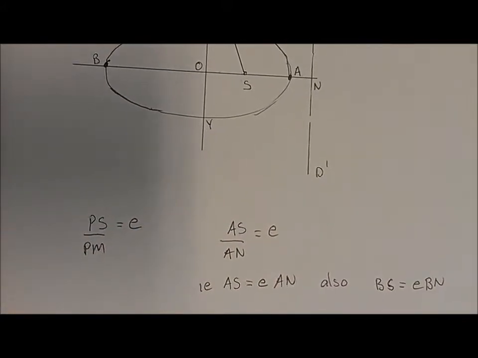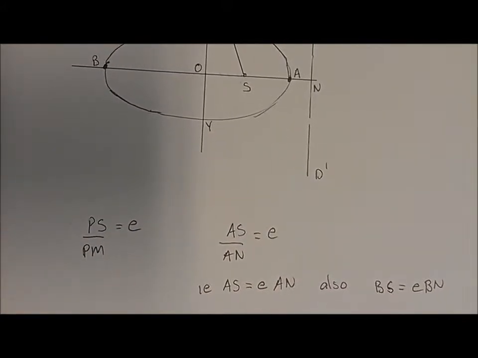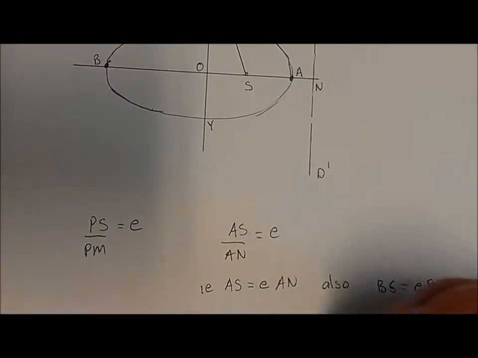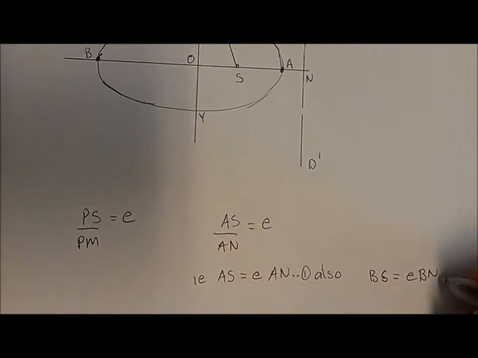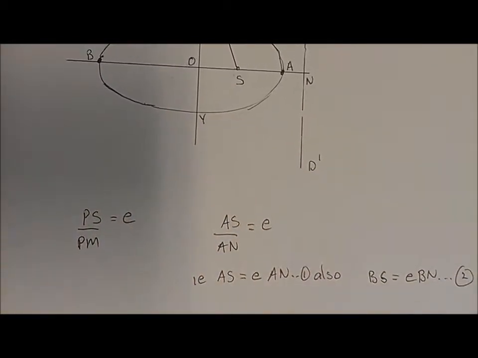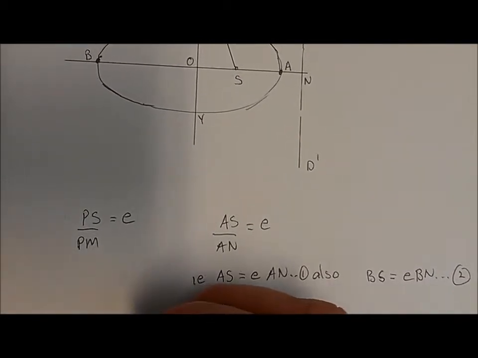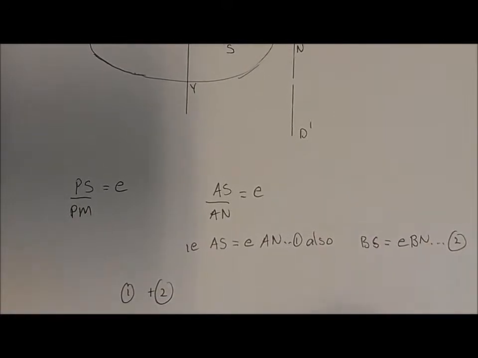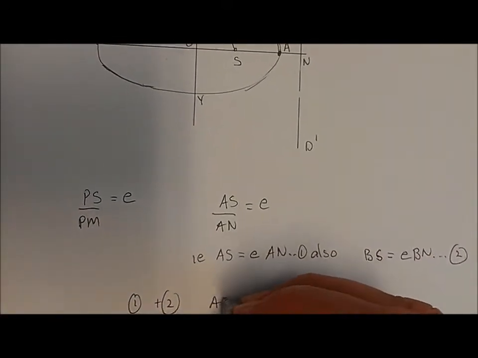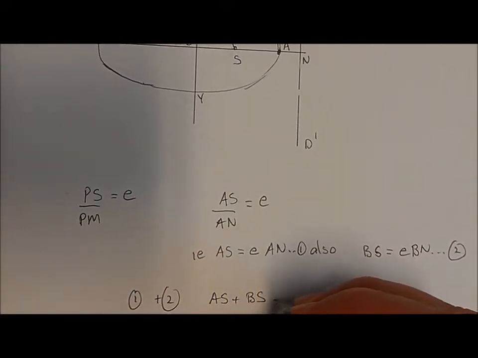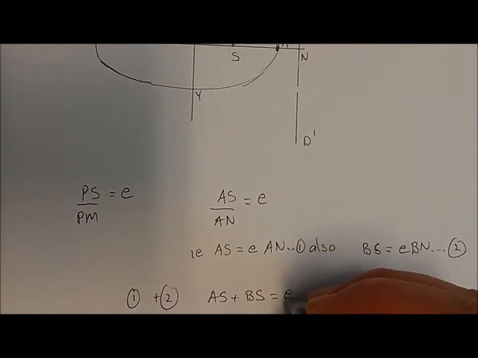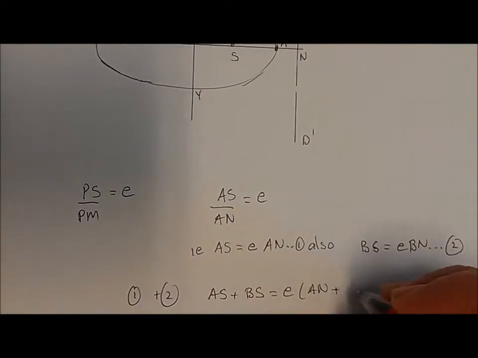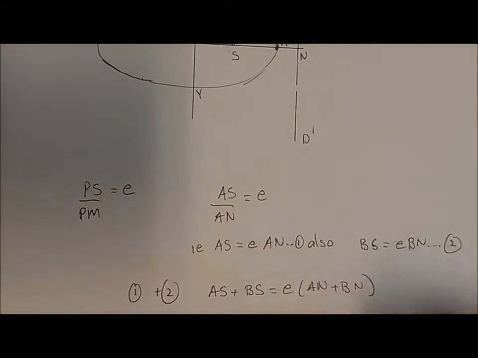Alright. So if I then look at those two statements, and I'll call that one 1 and I'll call that one statement 2, and if I then add them together, 1 plus 2, what I get is AS plus BS is equal to E lots of AN plus BN.